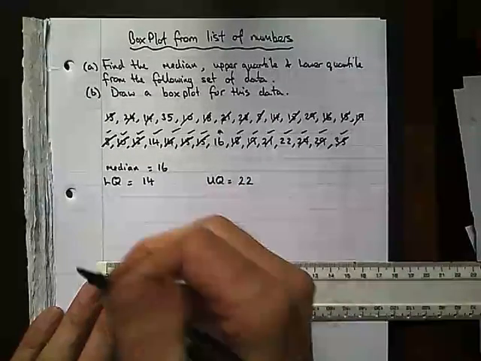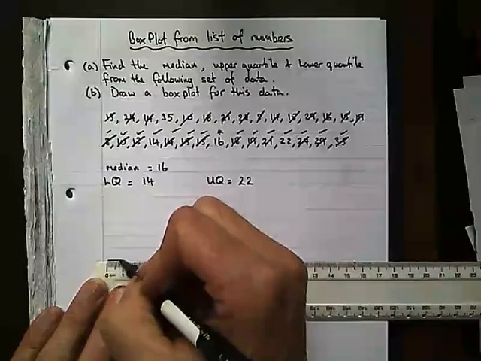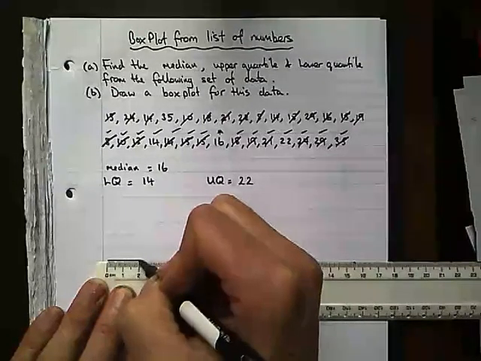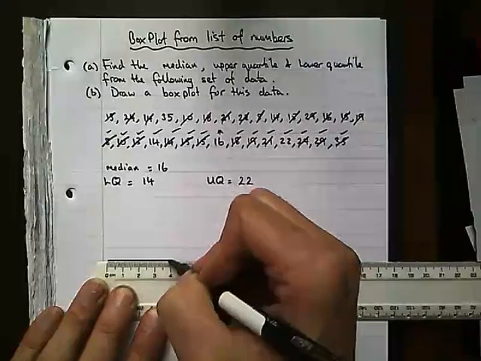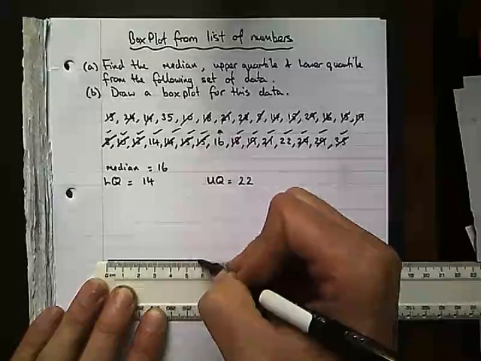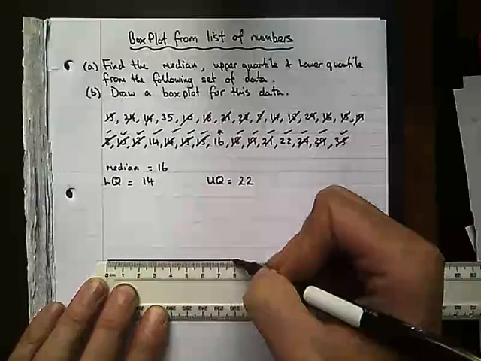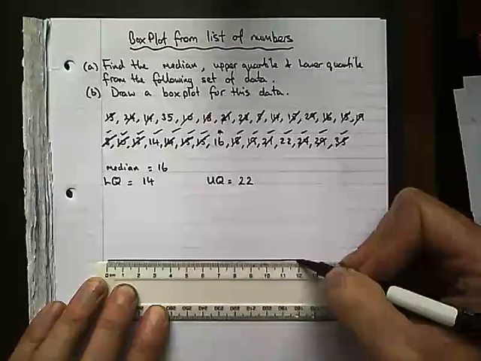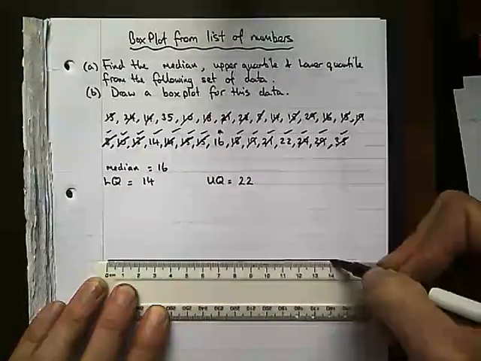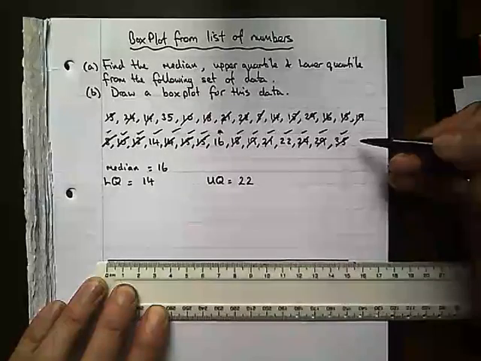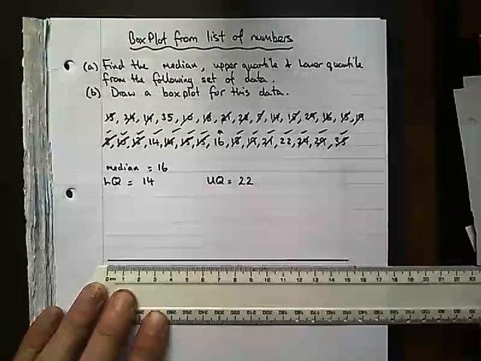So if that's 6, then every 1 centimetre is going to be 2, so that would be 8, 10, 12, 14, 16, 18, 20, 22, 24, 26, 28, 30, 32, 34, 36. Yeah, I've just gone past 35, so that's fine, because that's at 36.